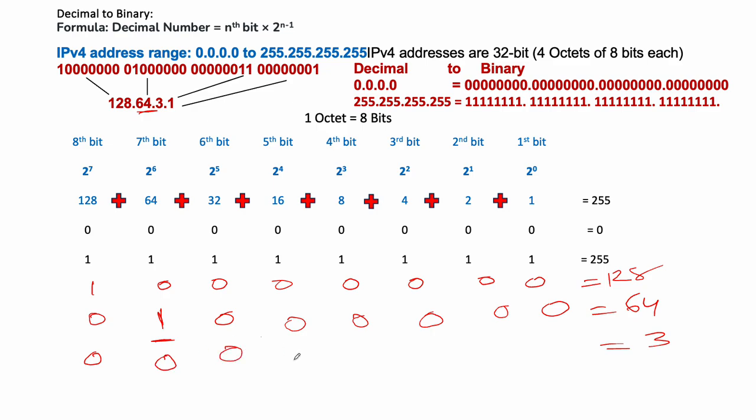Again, 32 is larger than 3. 16 is larger than 3. 8 is larger than 3. And 4 is also larger than 3, right? But when you set this bit as a 1 and this bit as a 1, your sum will become 3. So you don't need the third bit as a 1. That's why you make it 0 here.